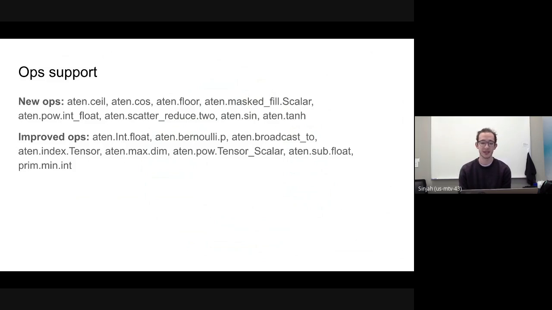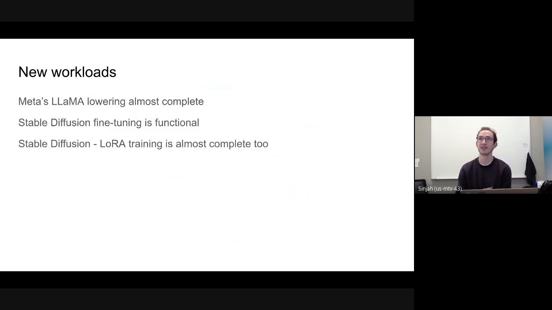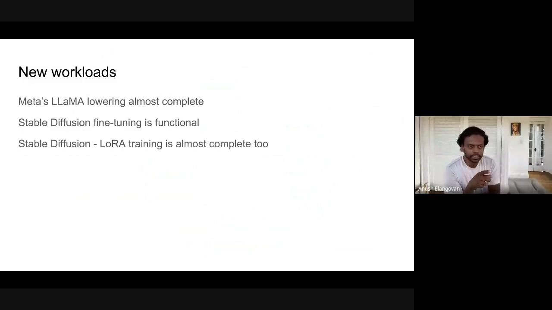And now I will hand it over to Anush to tell us a little bit about what he has going on. Cool. I think from the workload side, we've been tracking Stable Diffusion for a while. About a month, maybe 6 weeks ago, we started to ship Torch-MLIR as part of the Stable Diffusion app.